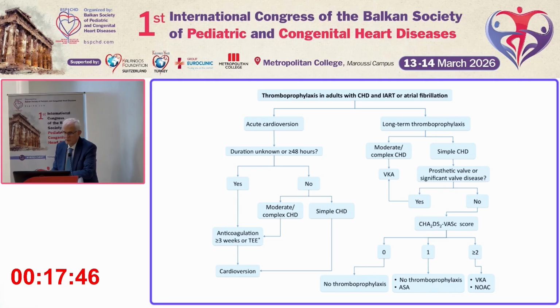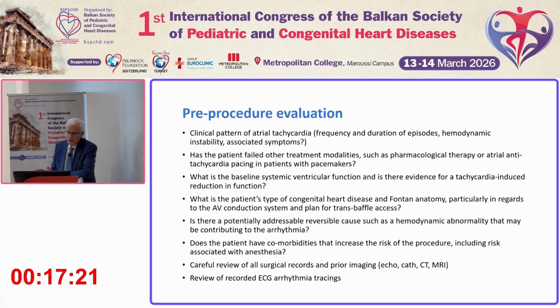However, on patients with moderate or severe congenital heart defect, then we need to look at the other factors and may need to give the old-style vitamin K antagonists or the newer NOAC medications, depending on their underlying function, complexity, and the CHA2DS2-VASc score.